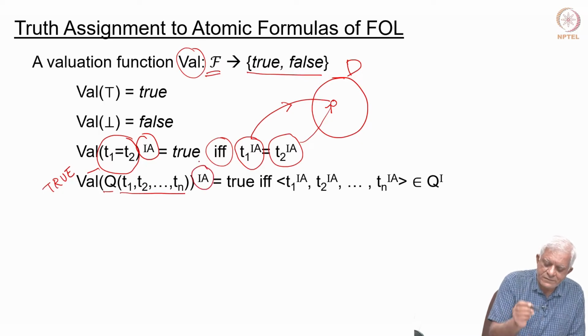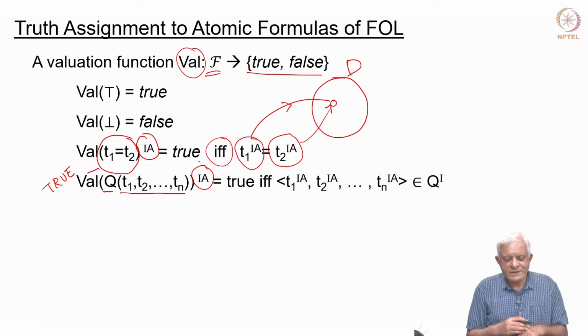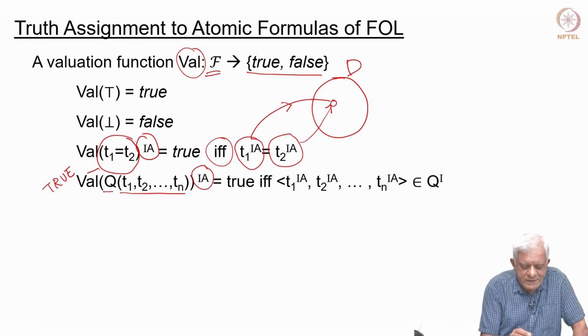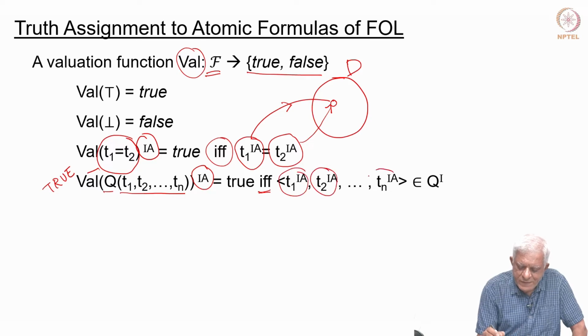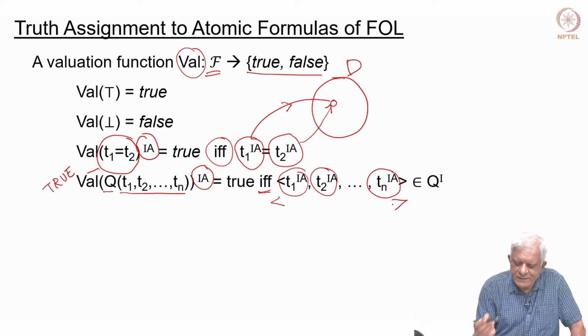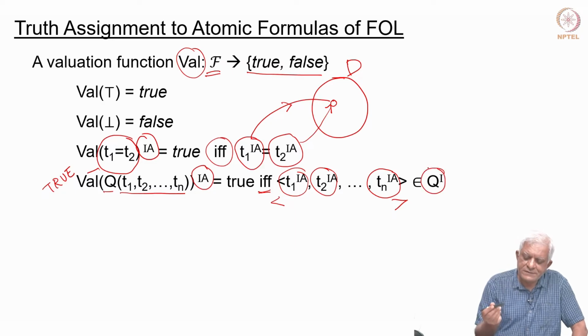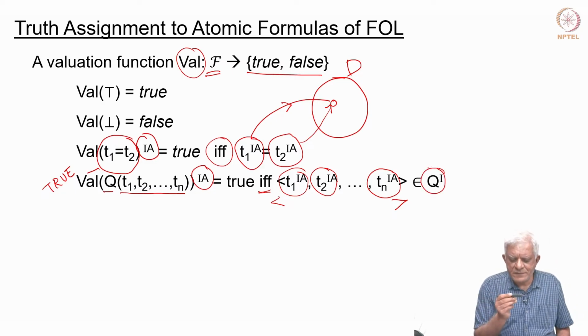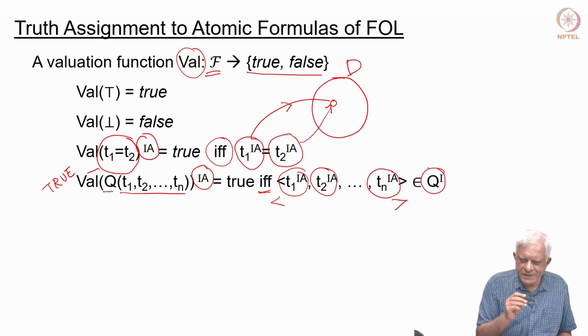So, you first tell us what is the interpretation and what is the assignment, and then we will say that yes, that formula is true if and only if, once we map the terms onto the individual elements in the domain and we create a tuple out of them, we then check whether the tuple belongs to the image of the predicate.